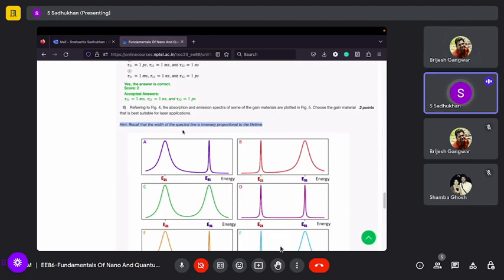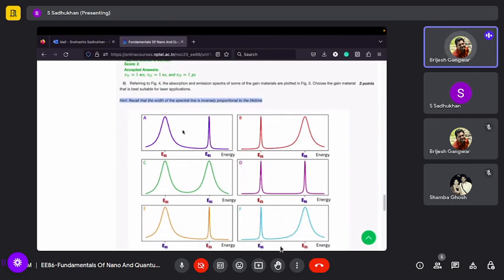But in all these figures they do not depend on the given tau. From here you can say there is a very sharp line, so the Q factor will be very high, and that will be the laser.